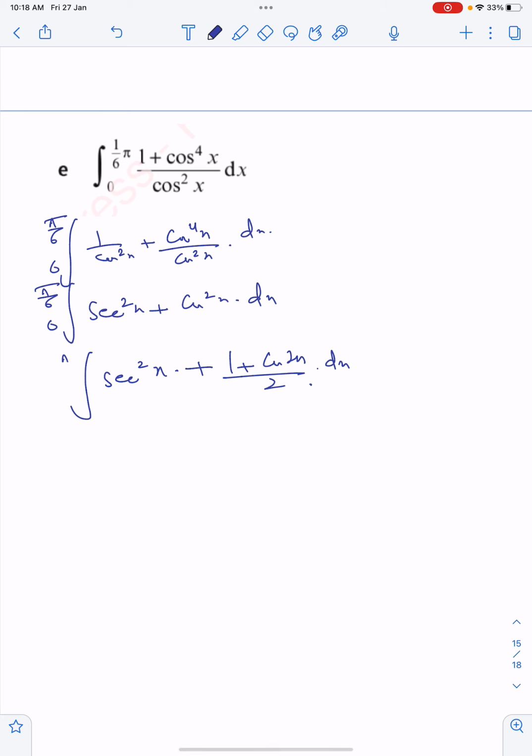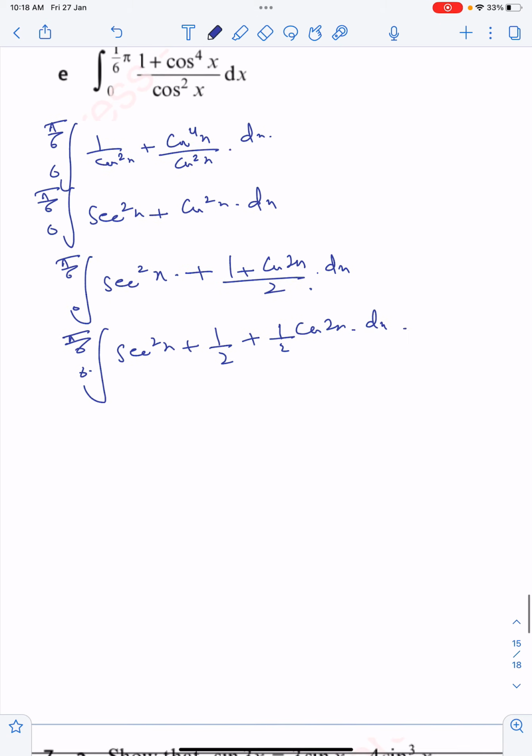Now I can start with the integration process. I can separate it first: sec square x plus 1 upon 2 plus half cos of 2x dx. The integration of sec square x is going to be tan x, plus half, the integration is going to be half x, plus half cos 2x. The integration of cos is positive sine 2x divided by 2, so half sine 2x divided by 2.